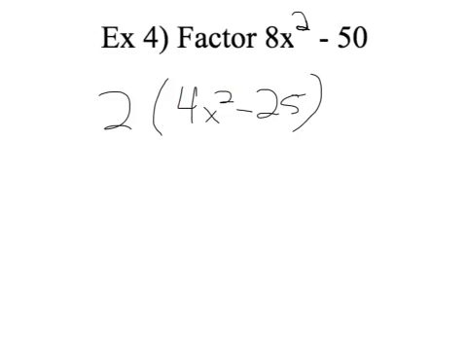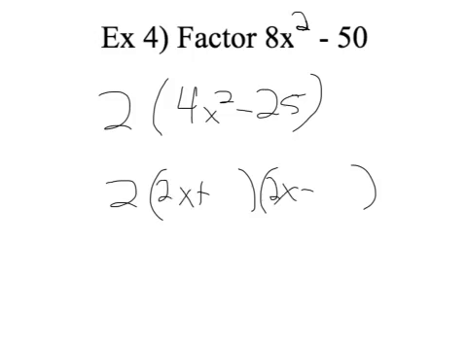The first term, 4x squared, is a perfect square. The second term, 25, is also a perfect square. Now when you take out a GCF, you just have to leave it on the outside. And then write down your two binomials. Plus in one, minus in the other, and take the square root of both terms. Square root of 4x squared is just 2x. The square root of 25 is 5. And that's your final answer.